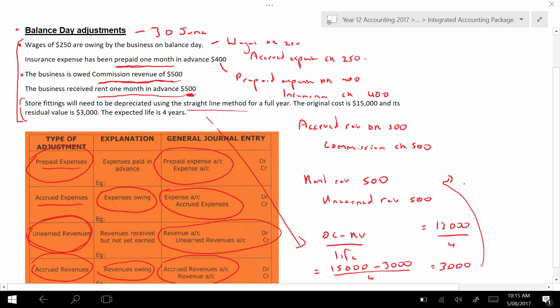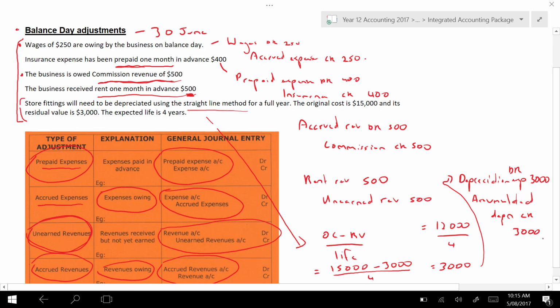Our journal entry will therefore be depreciation expense for 3,000. That's our DR. Our credit is accumulated depreciation. That's a CR for 3,000.